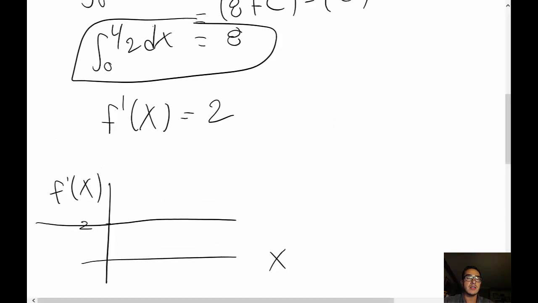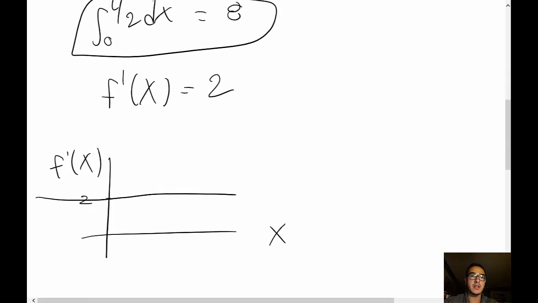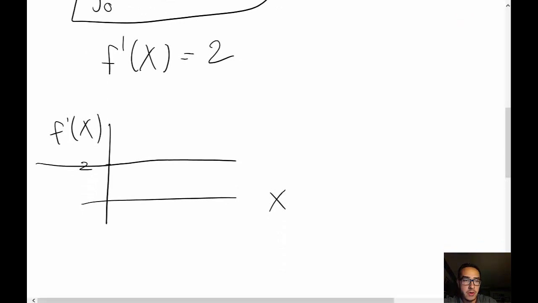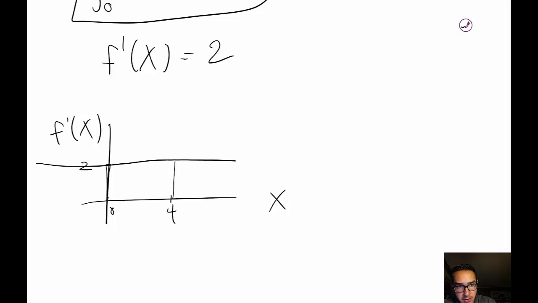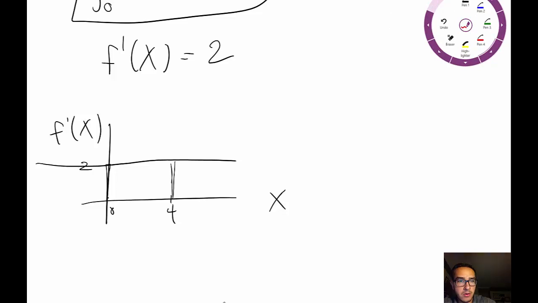Now in this case, I said let's integrate from 0 to 4. So that's saying let's integrate 2 from x equals 0 to x equals 4. If we end up doing that, we are finding this area right here.